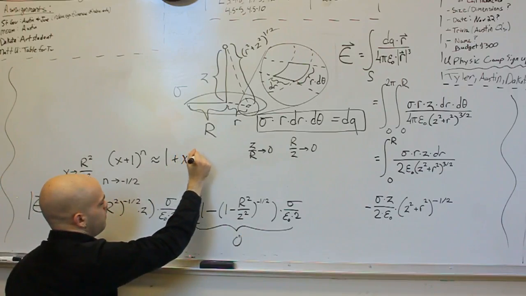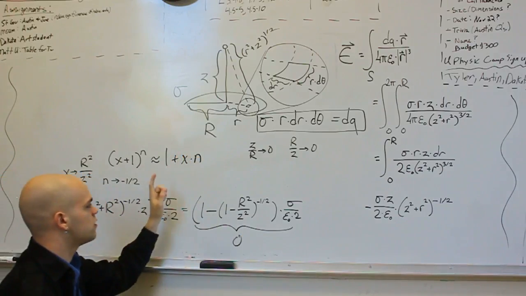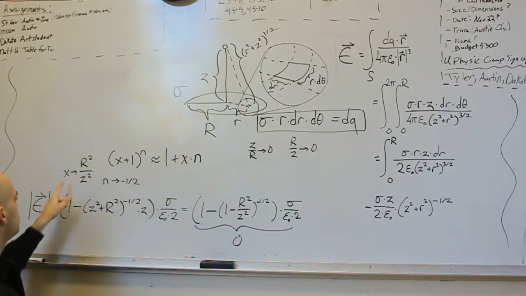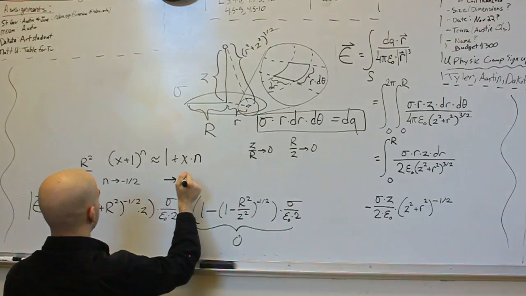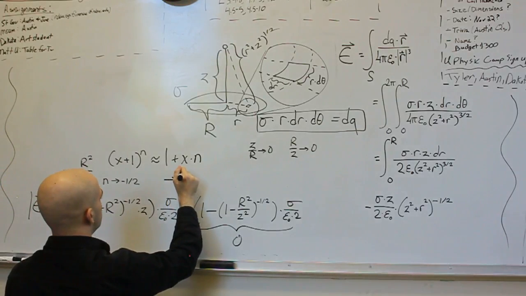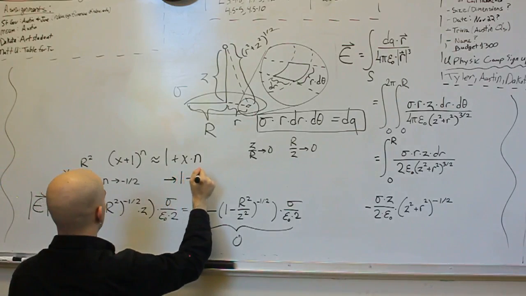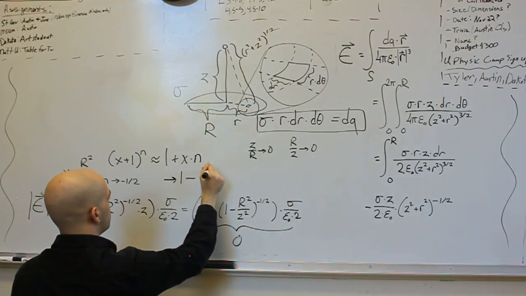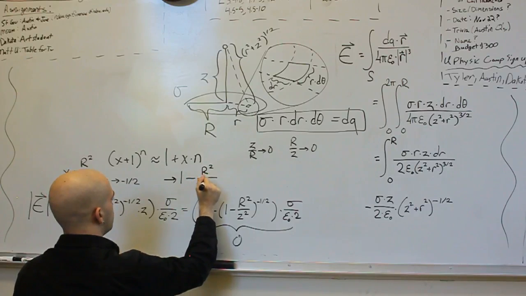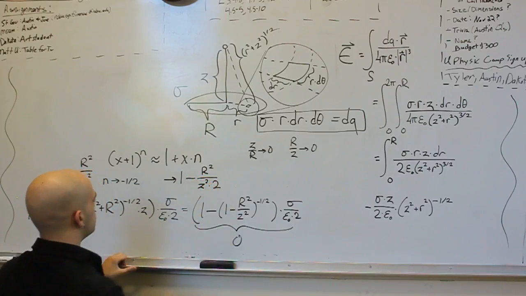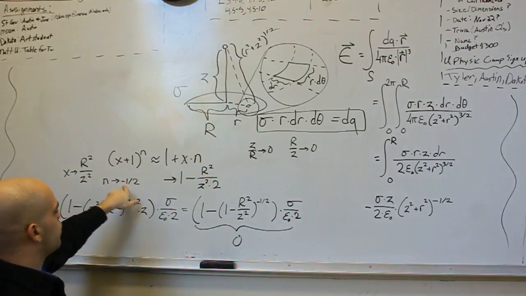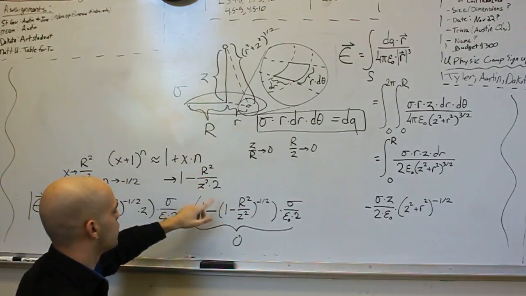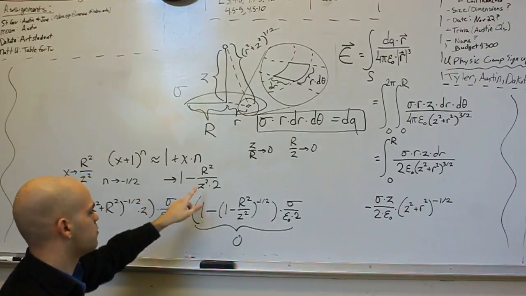And the next term in this expansion is x times n. So x is this, so it's going to be this, because n is negative 1/2. So yeah, negative 1/2 goes into that and produces that.